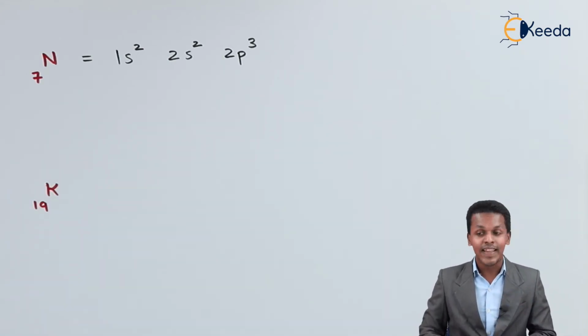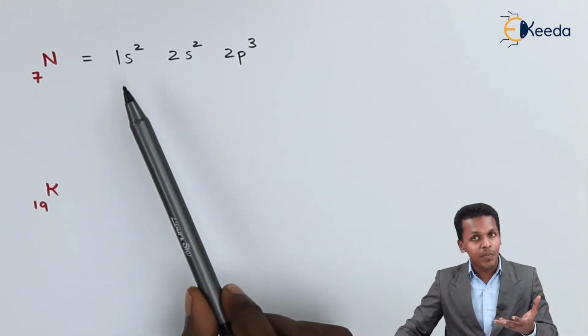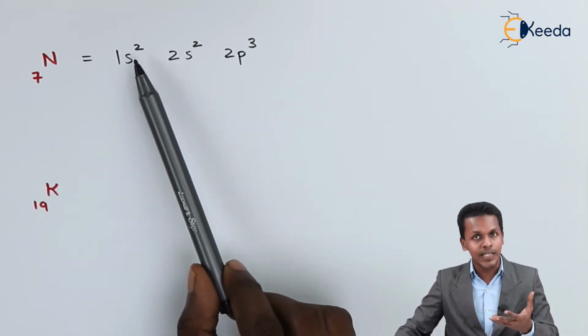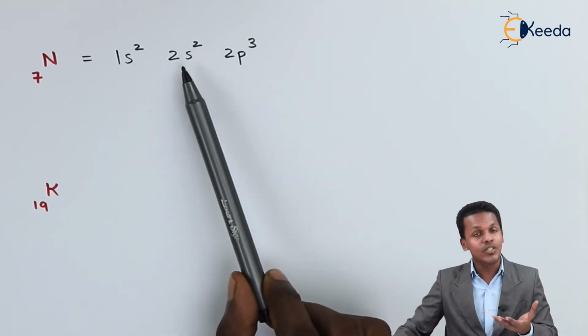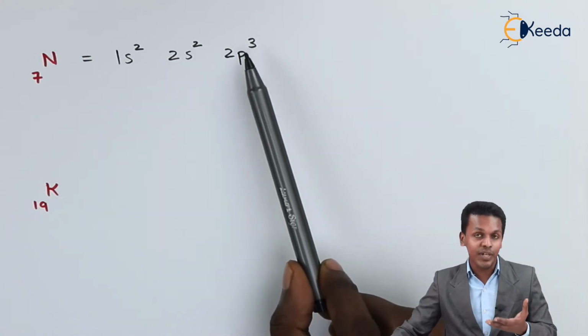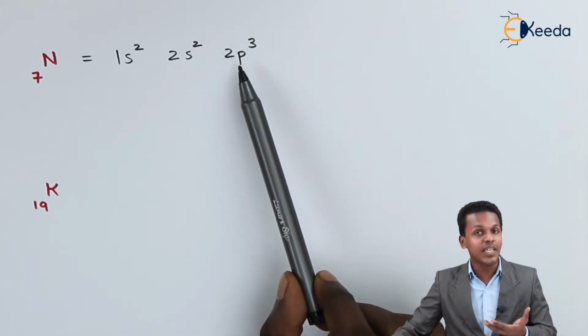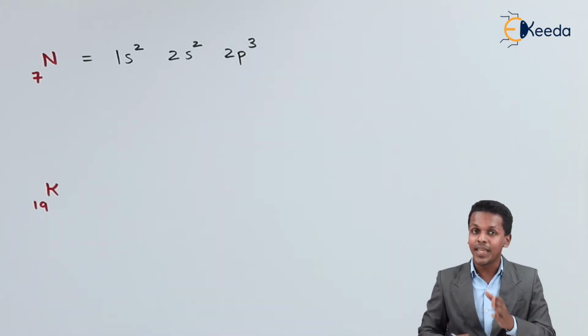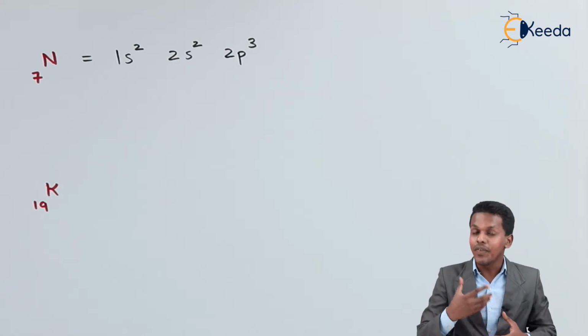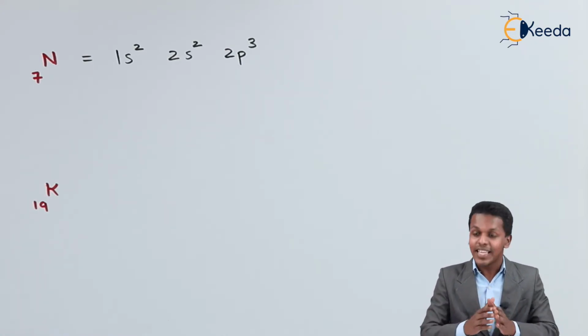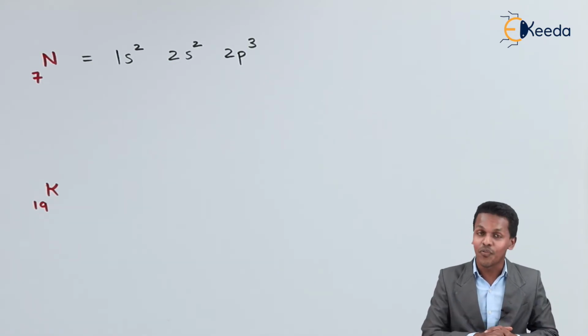Here you can see the electrons are arranged in such a manner that 2 electrons are in the 1s orbital, 2 are in the 2s orbital, and the other 3 electrons are in the 2p orbital, that is 1 in px, 1 in py, and 1 in pz. This way of arranging the electrons is known as electronic configuration.